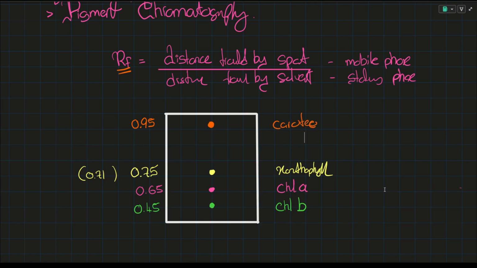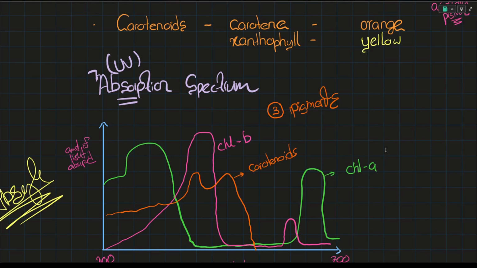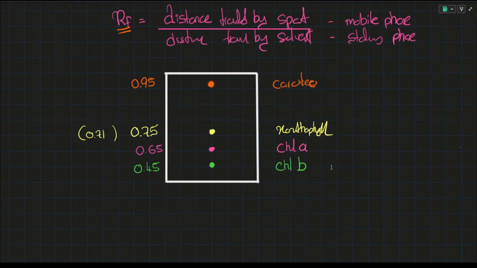Now, if you were following the color grading, you would know that I typically use green for chlorophyll A and pink for chlorophyll B. Here, I wanted to specifically focus on that. Here, this is actually the chlorophyll A pigment. So this is flipped, meaning I'm going to write them in the other color on top.